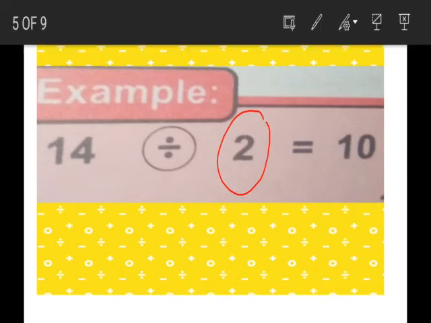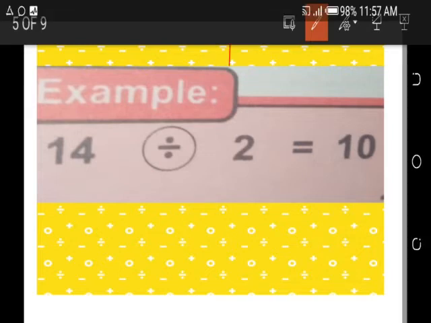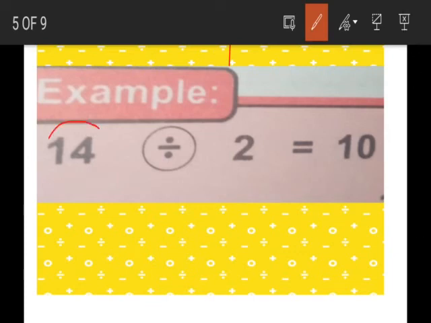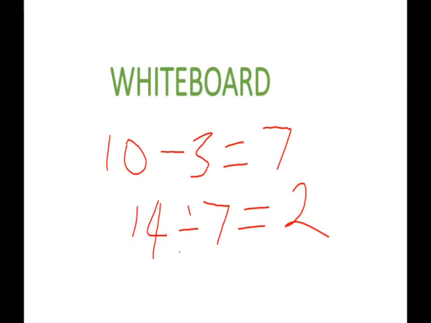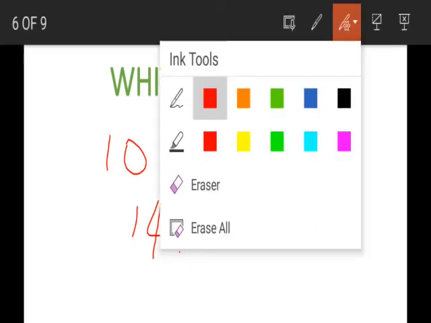Alright, how can we get 14? Just assume this 14 was not given. Assume we are looking for this 14. To get 14, what we simply do, let's remove our 3, that's our imaginary number, from the 10.